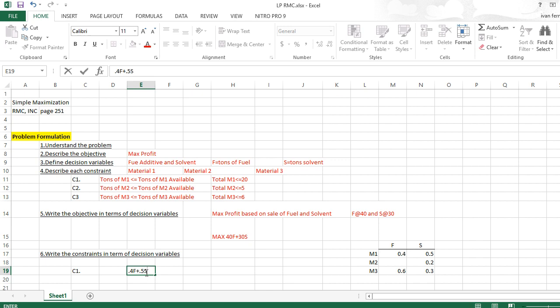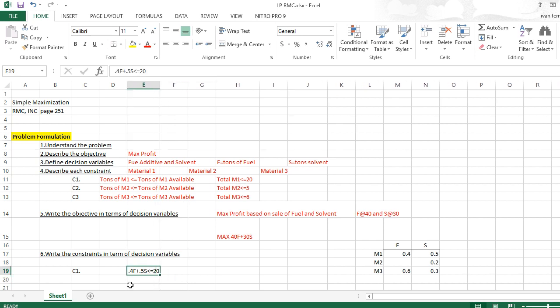Now, the addition of those two, the amount that you use in both, cannot be more than 20. It can be 20, just not more than 20, okay?